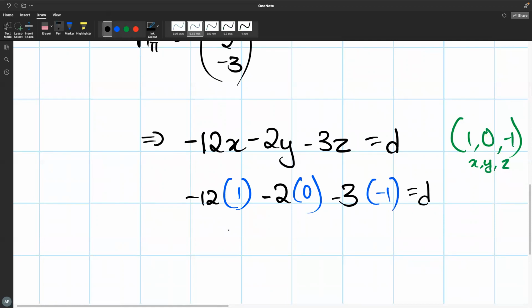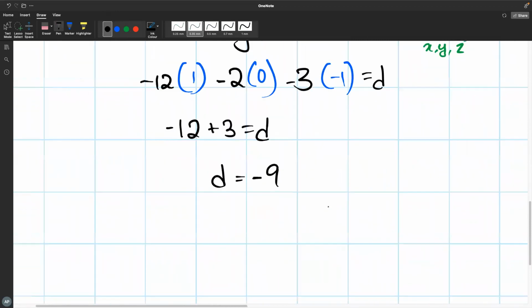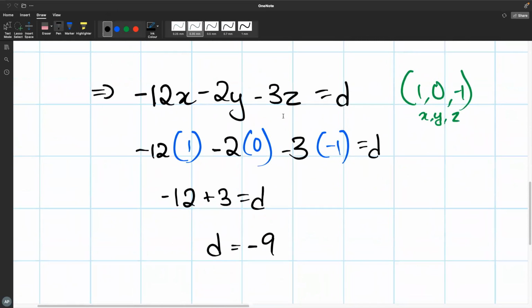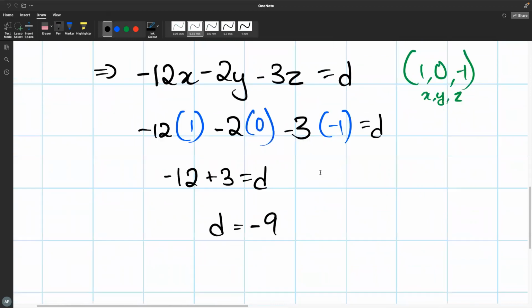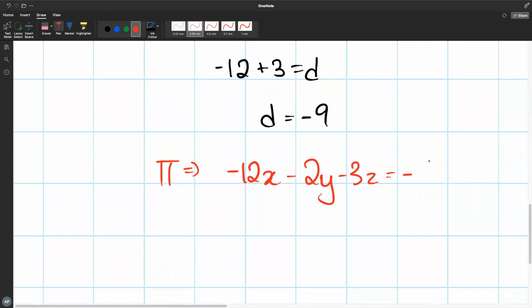Now we can multiply this out. We get minus 12 plus 3 is equal to d. Therefore, d is equal to negative 9. So now that we have all of the unknowns of our Cartesian equation, we can write it out in full. Theta is now equal to minus 12x minus 2y minus 3z, and is equal to negative 9.